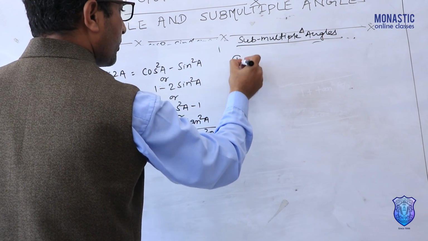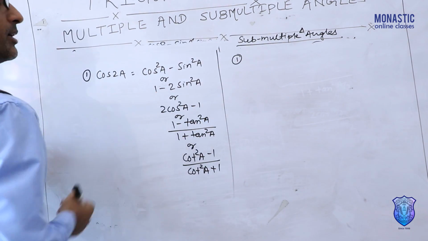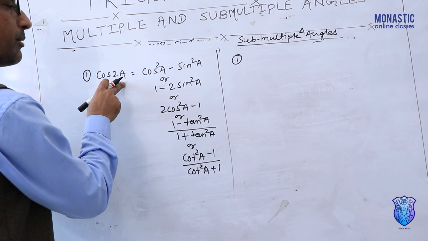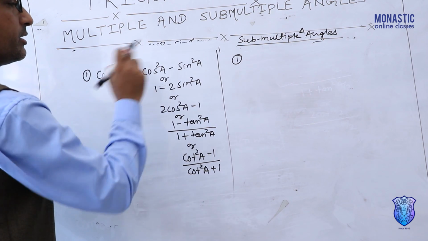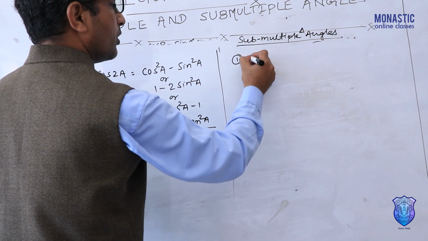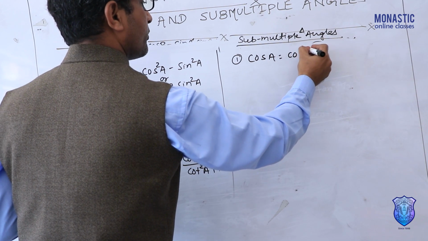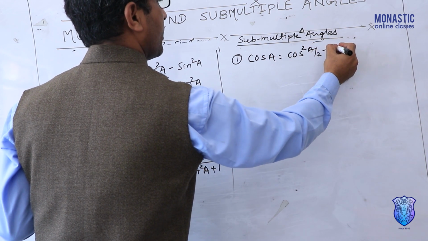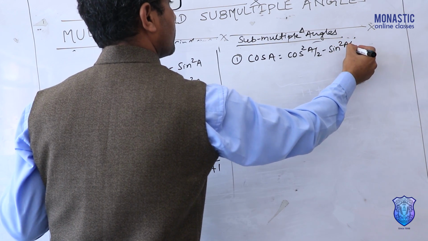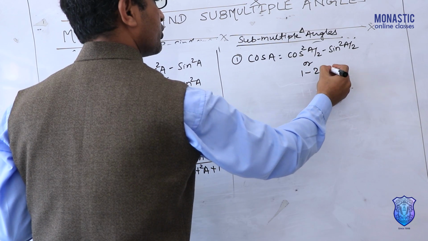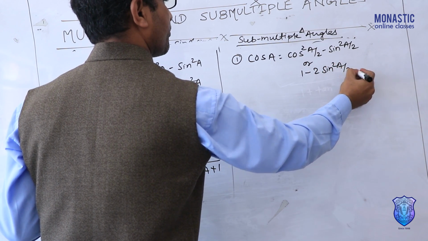If we have to convert the same formulas into submultiple form, as we learned earlier, in place of 2a we write a, and where there is a we write a by 2. So the submultiple formula would be cos squared a by 2 minus sine squared a by 2. Second one will be 1 minus 2 sine squared a by 2.